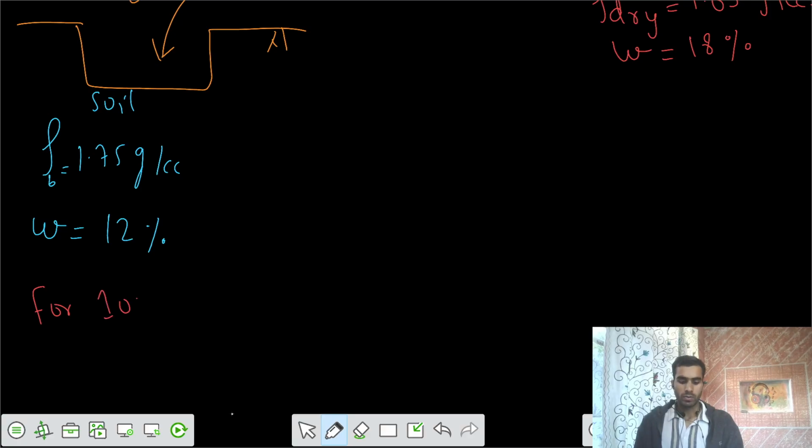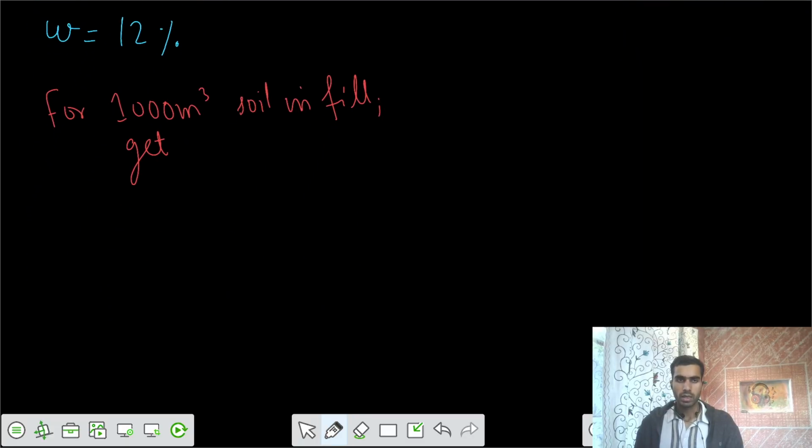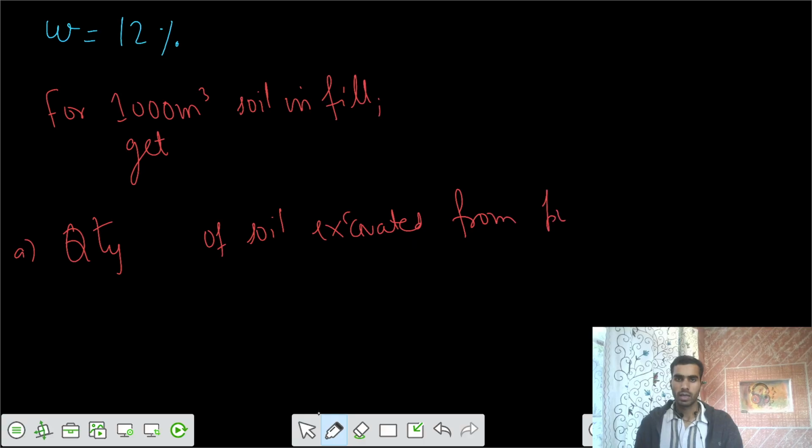It is now saying that for 1000 meter cube of soil in the fill, get the quantity of soil excavated from the pit, in meter cubes.